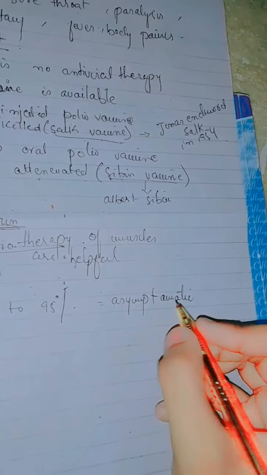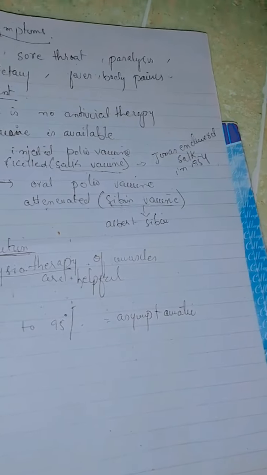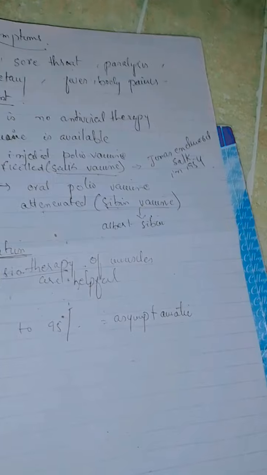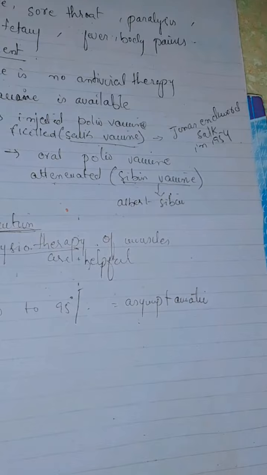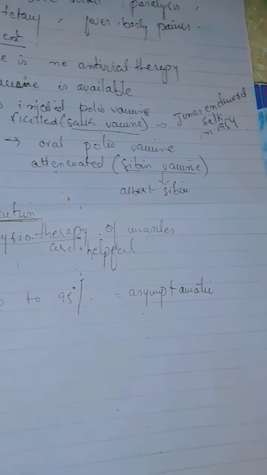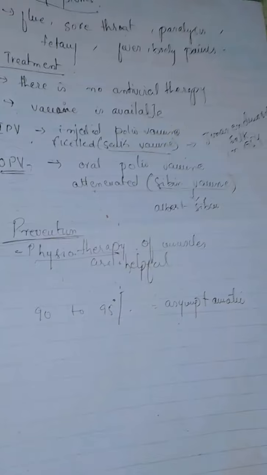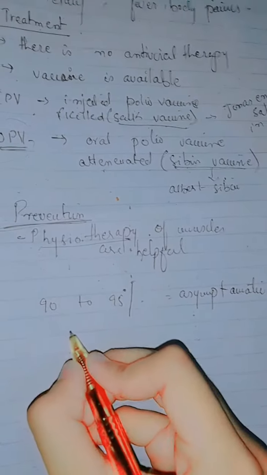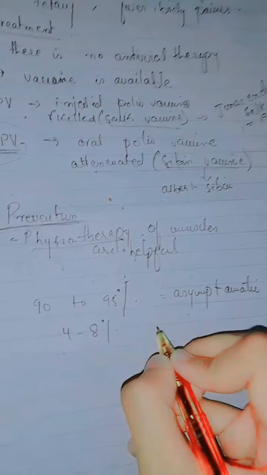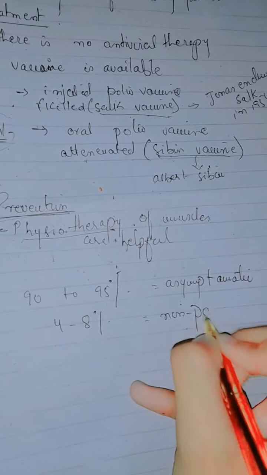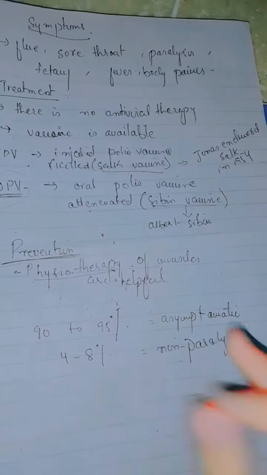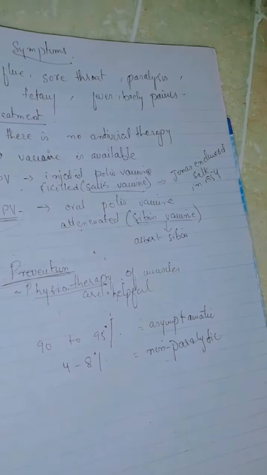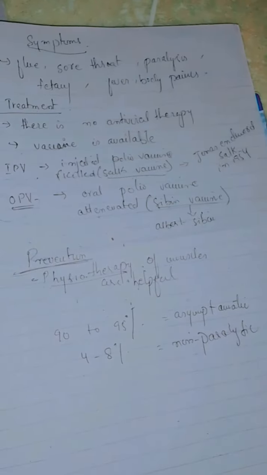Asymptomatic means that if the virus enters the body, the symptoms will not occur, because our body will make antibodies against this virus and kill it. This happens in 90 to 95%, but in 4 to 8% it is non paralytic, whereas as I said in the symptoms, the person gets paralyzed in this.